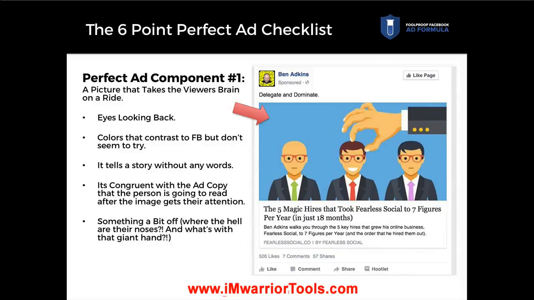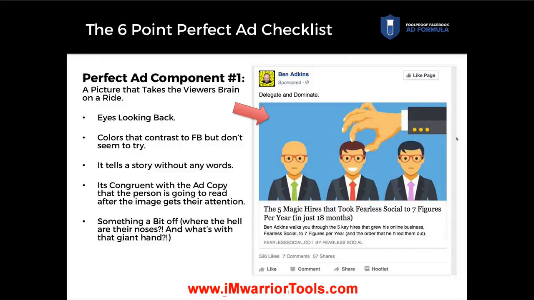Even the lighter blue pops against that color so that it really stands out. You don't want to do things where you have big arrows or big red borders where you're intentionally trying to stand out, because it just looks spammy and people are going to say, I'm over that. You want images that have colors that contrast with that Facebook blue and the white, but they don't seem like they're trying. And this is a perfect example.